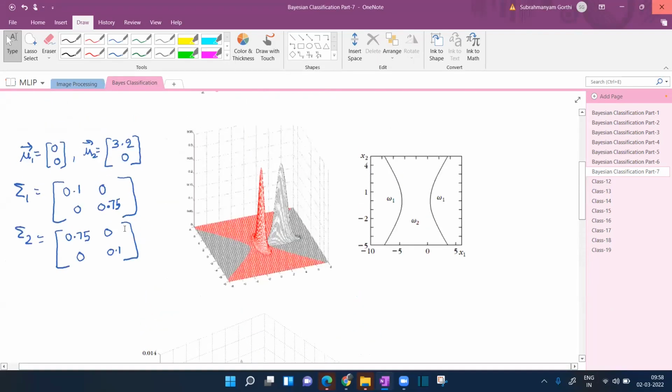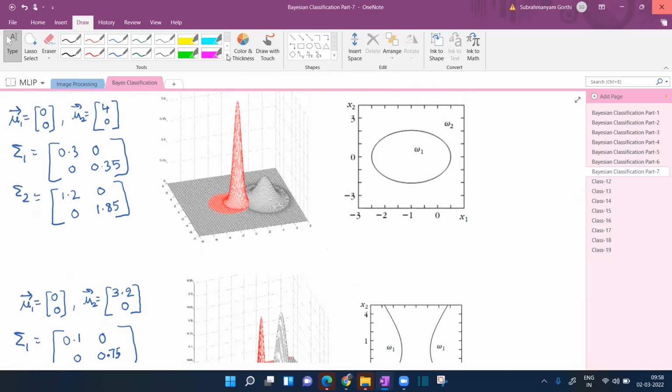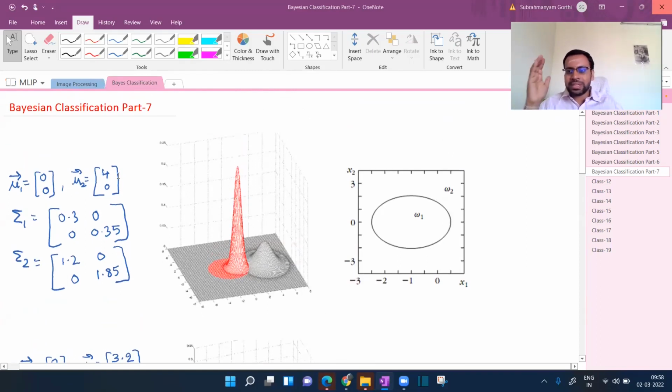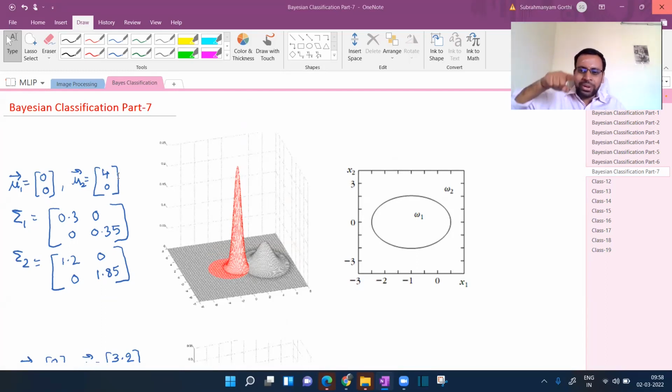One quick observation you could make here is that even with simple Gaussian functions, by playing with variances, you would have realized by this time the kinds of classification boundaries you would be getting. These are the boundaries that would separate each class. Essentially, what should a classifier do? It should be able to separate.